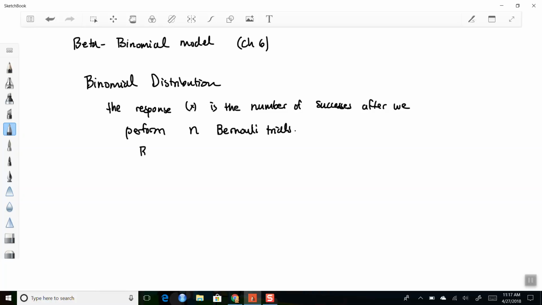A Bernoulli trial is pretty much a coin flip, or anything that has only two possible outcomes. The classic Bernoulli is a coin flip, with only two possible outcomes, a success or failure.